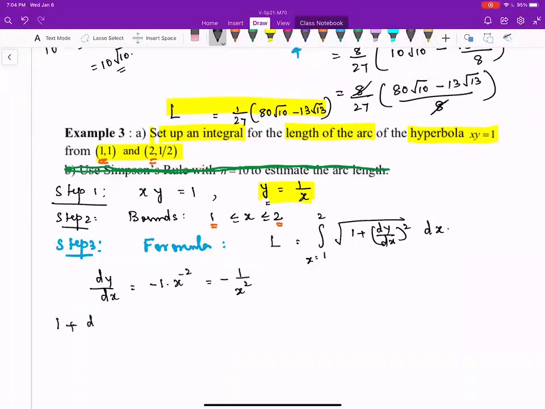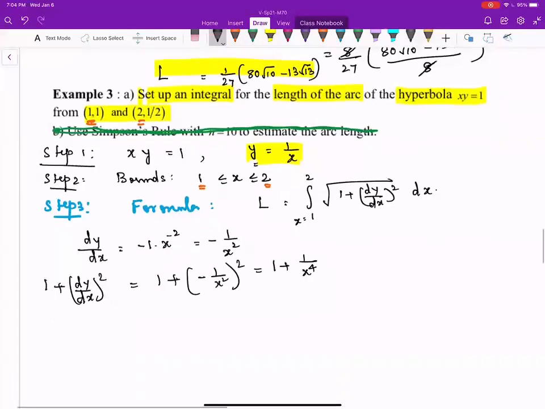So 1 plus dy by dx, the whole square, which is what we need inside the radical, is 1 plus negative 1 over x squared, the whole square. It's 1 plus 1 over x to the power 4. So the integral becomes L equal to integral 1 through 2, square root of 1 plus 1 over x to the power 4 dx.